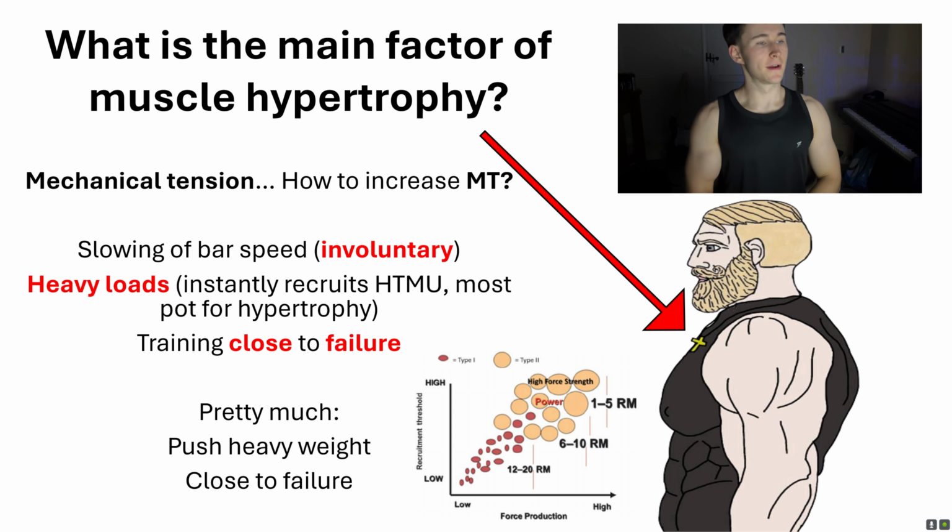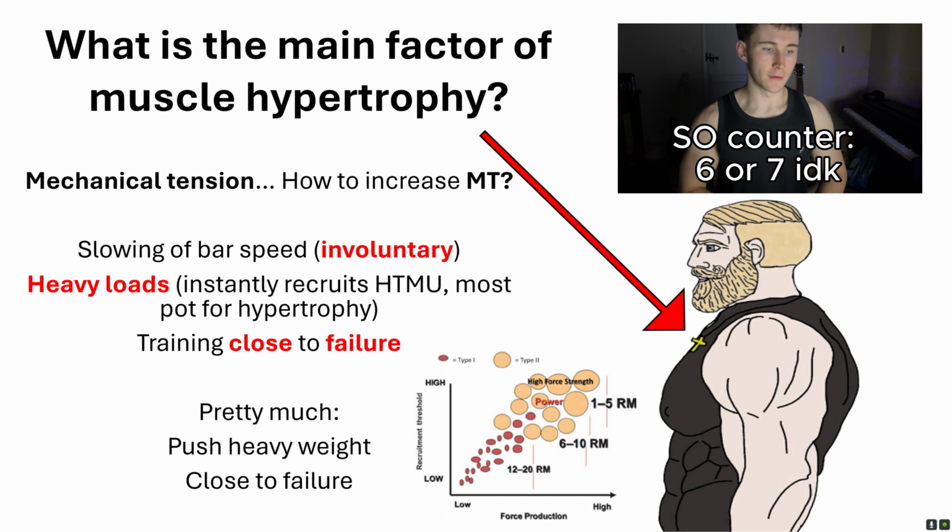Heavy loads. Now, why does this increase mechanical tension? Well, it instantly recruits the high threshold motor units. Now, what is a motor unit? This little diagram down here is a little explainer. It's Henneman's size principle. You have motor units, and they are all responsible for recruiting different types of muscle fibers.